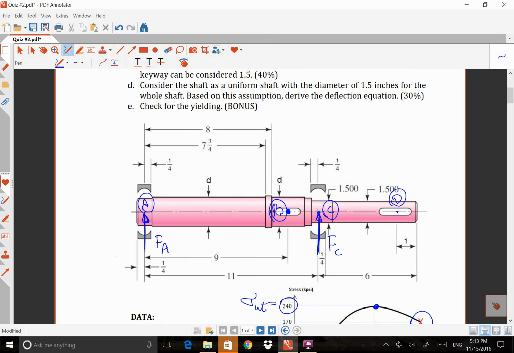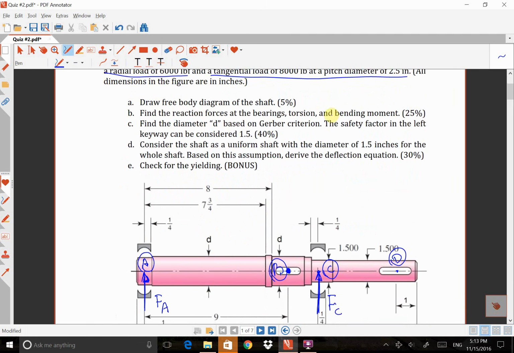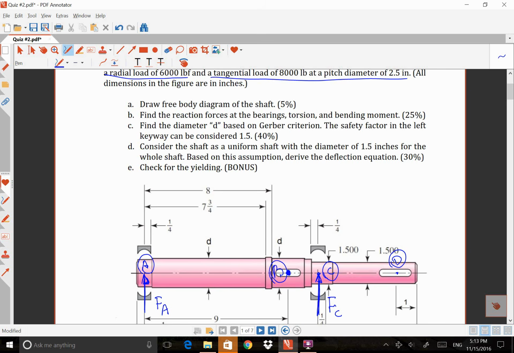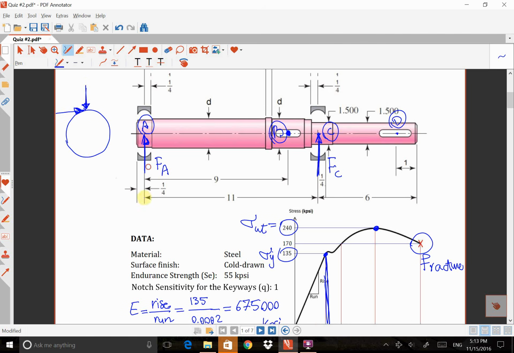In order to find that information, let's look at this analogy. Let's say I'm looking at the cross section of something, of a gear, for example, and there is one force like that, and one force like this acting on the gear of the shaft, or on the shaft.